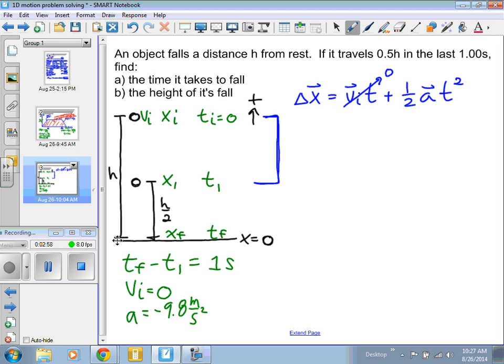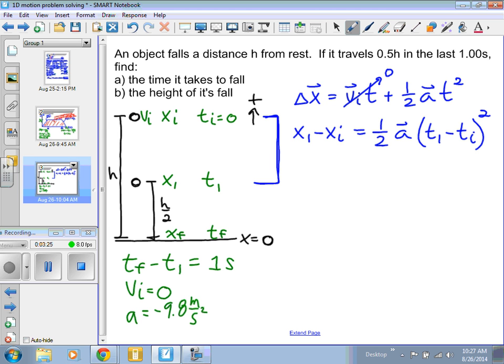So our change in position is going to be x final minus x initial, so that's x1 minus xi. And that is equal to 1/2 times the acceleration times time squared, and time squared is t1 minus t initial, squared.